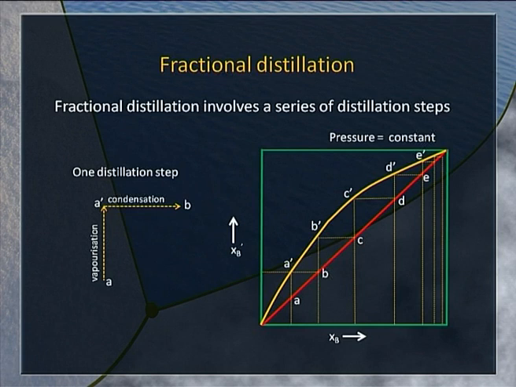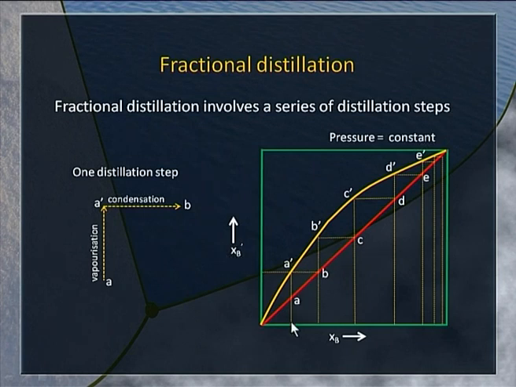This diagram illustrates that exactly. We can see in this diagram what we have plotted. We have plotted Xb, the mole fraction of component B in the liquid phase, versus Xb prime, the mole fraction of the same component B in the vapor phase.